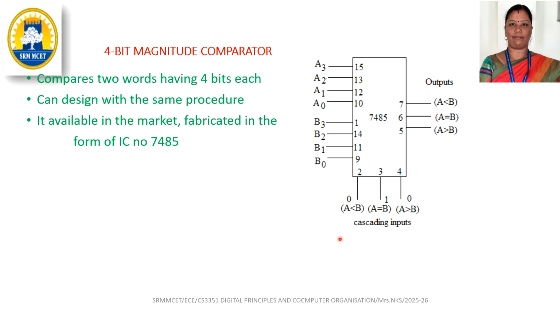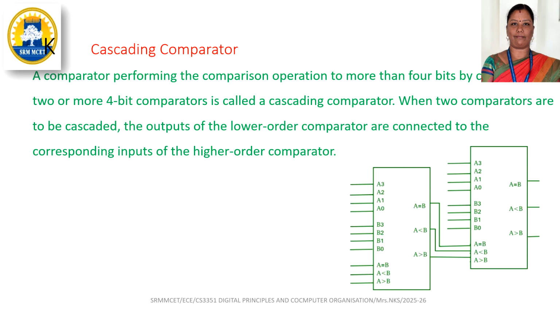So for this, cascading inputs are given. Here, A0, A1, A2, A3, and this will be taken as A4, A5, A6, A7.